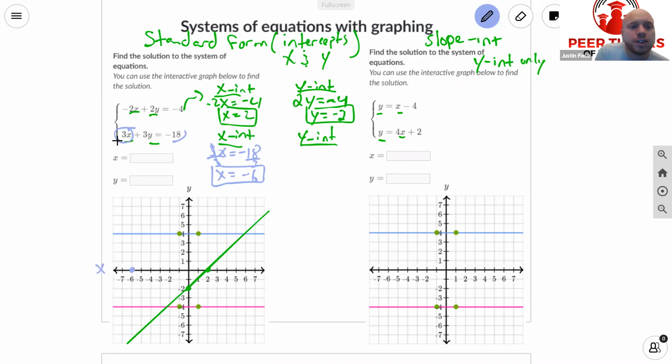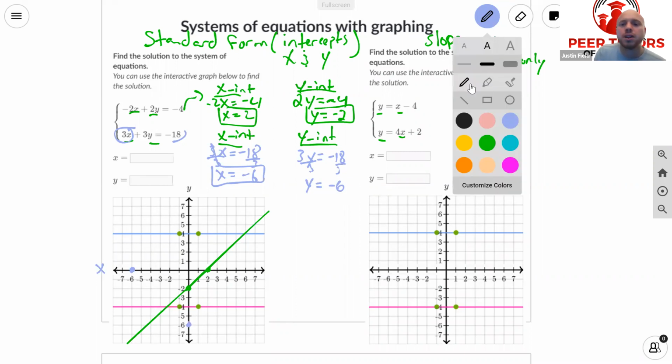And the y-intercept, so 3y, positive 3y equals negative 18. Oh, it's the same. So when I divide by 3 again, I'm going to get the same answer again. But this time, I'm going to put that point on the y-axis. And now I'm going to draw my line through the 2 points.